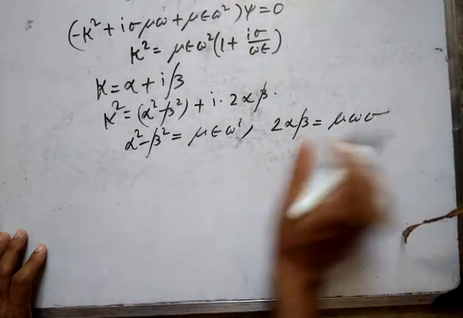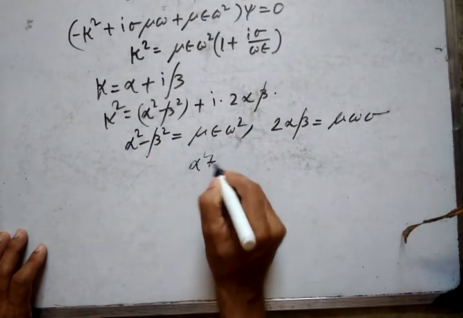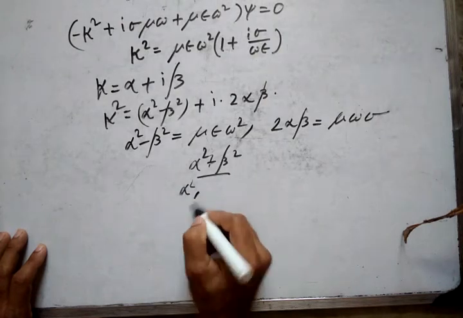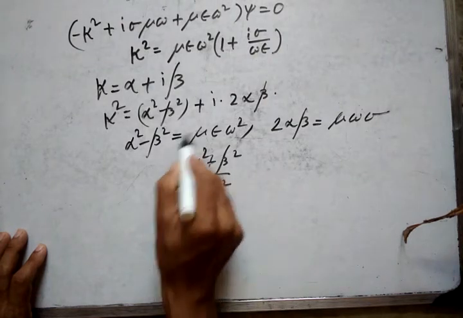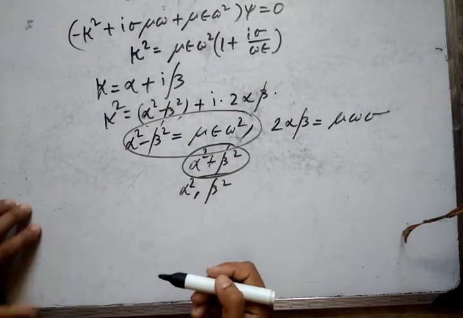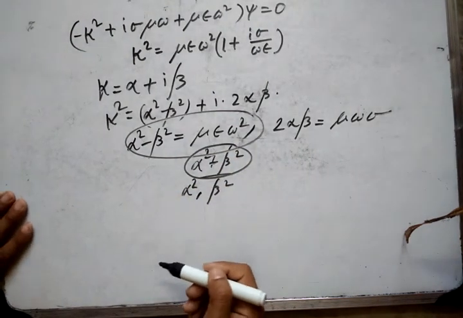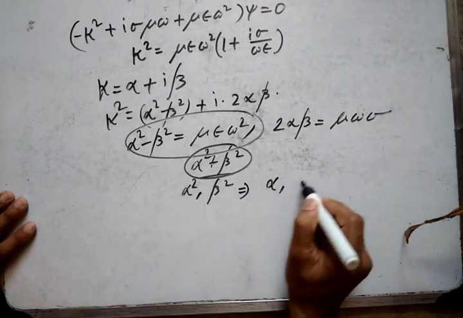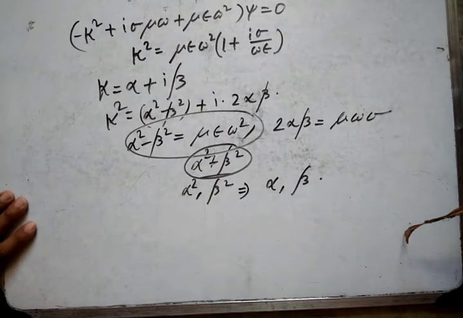From these two equations, we can find alpha square plus beta square. Then we find alpha square and beta square, one time adding and one time subtracting, and then we get alpha and beta.